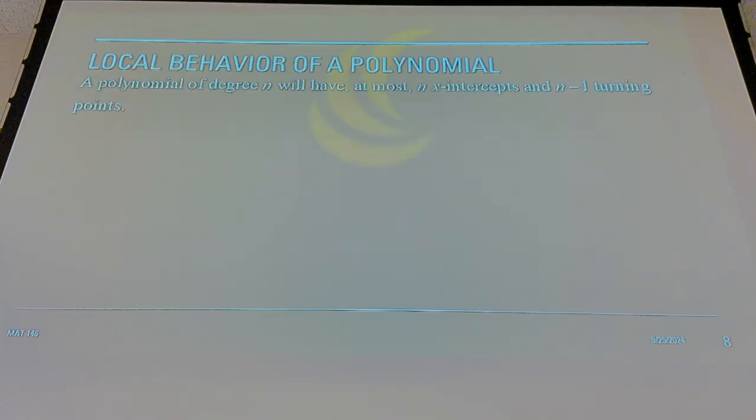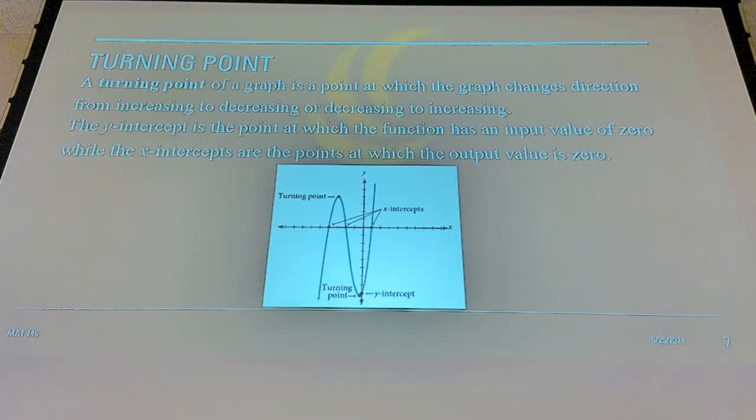An important result of polynomials is a degree n polynomial will have at most n x-intercepts and n minus 1 turning points. So we can come back to this one and kind of guess, what is the minimum degree that this polynomial would have to be?